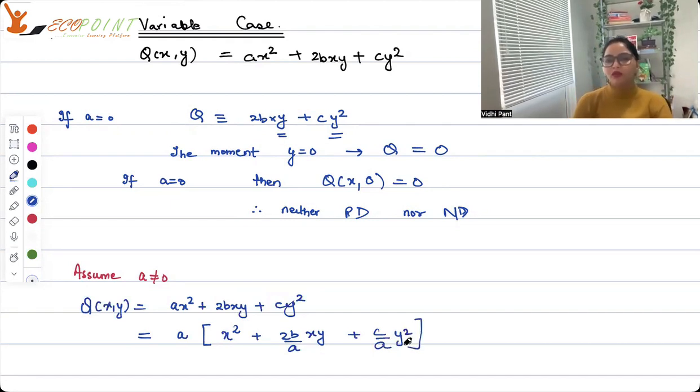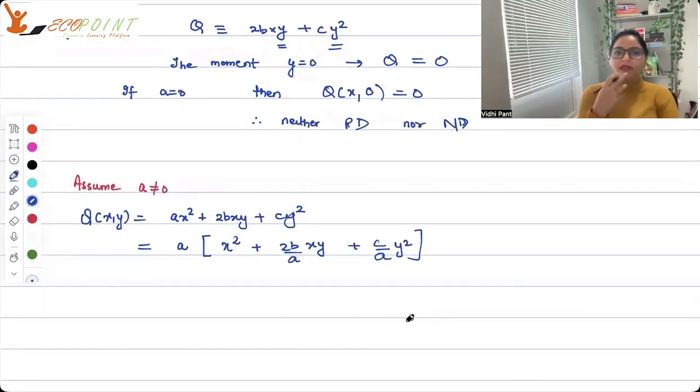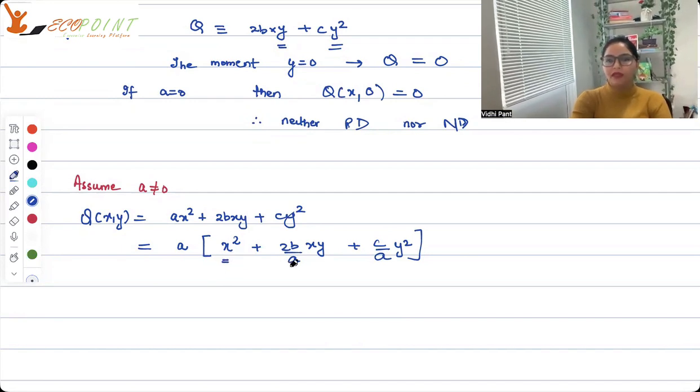Now what I want to do here is, in order to find out greater or less, one easy way is to create squares. So let's create squares. Now how can I create squares? See, I have x square here and I have xy term here. Alright. I have 2b by a xy.